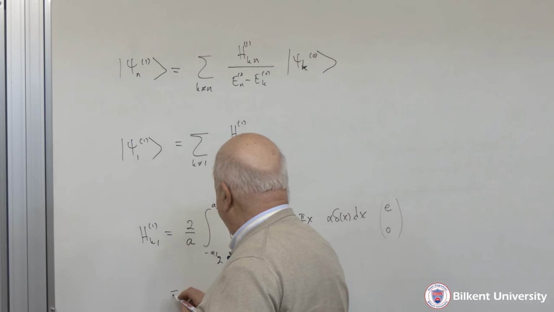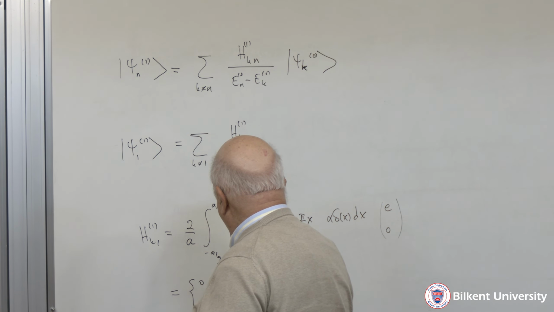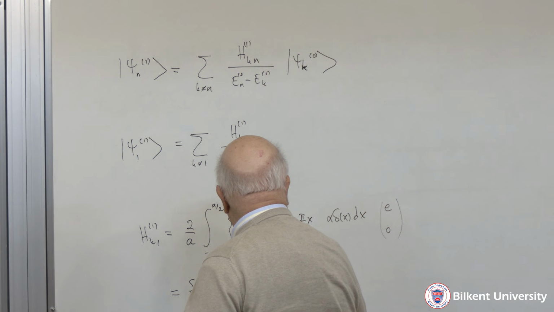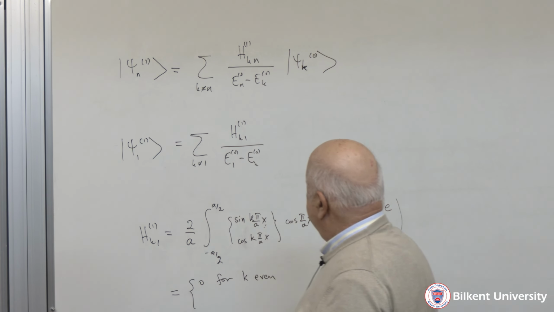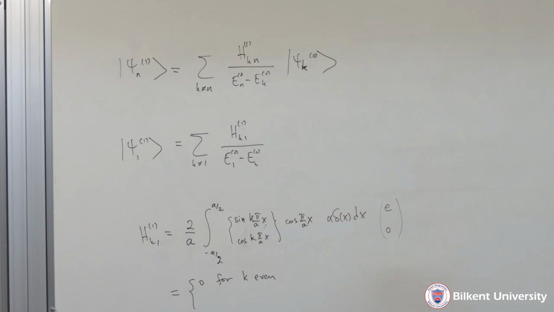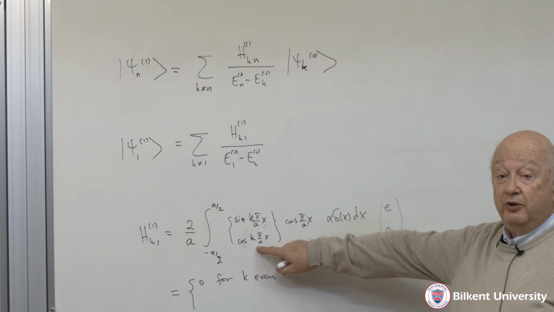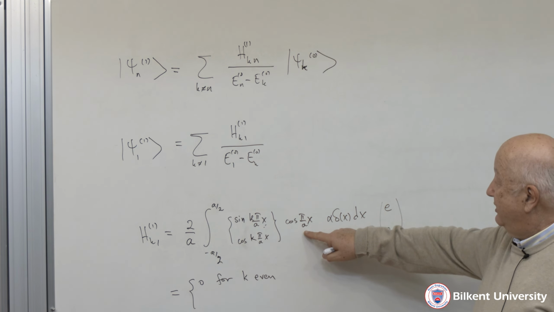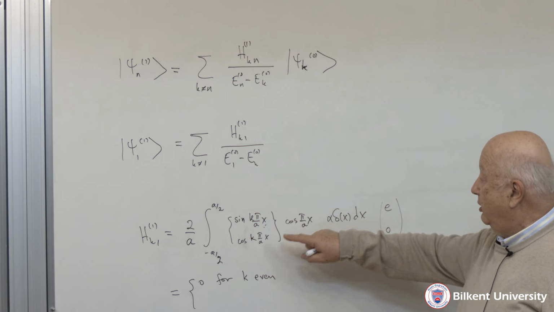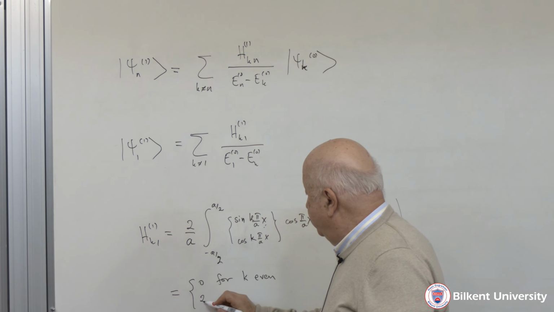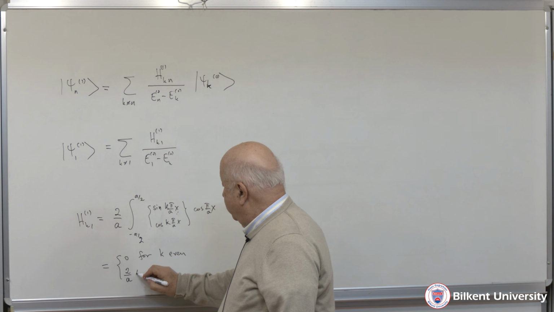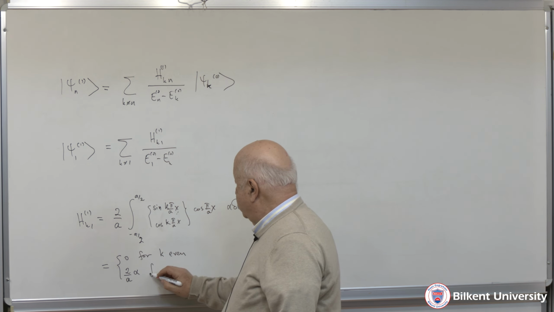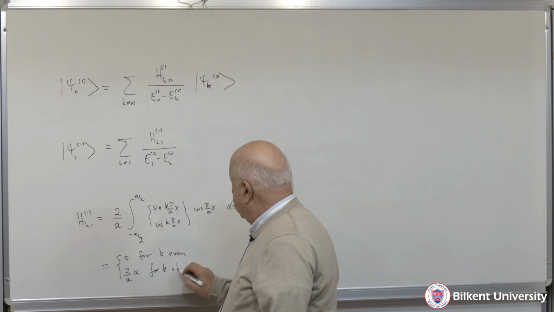So this is going to be 0 for k even, but for k odd, it's very easy because cosine 0 is 1, and all I get is 2 over a times alpha for k odd.